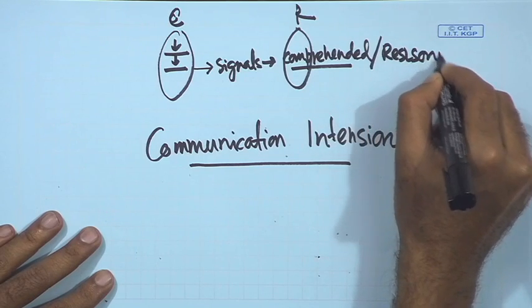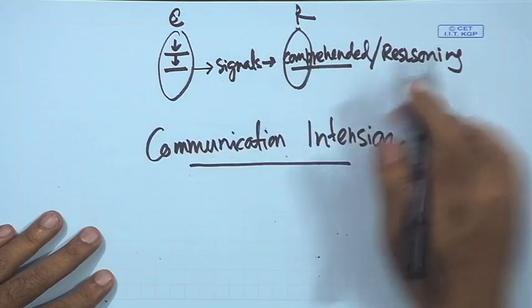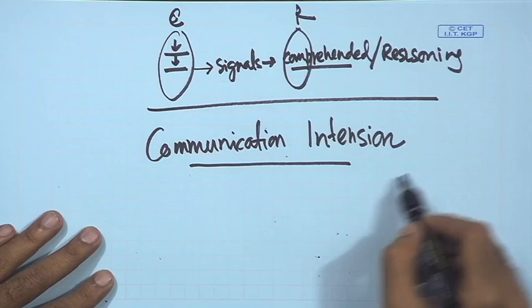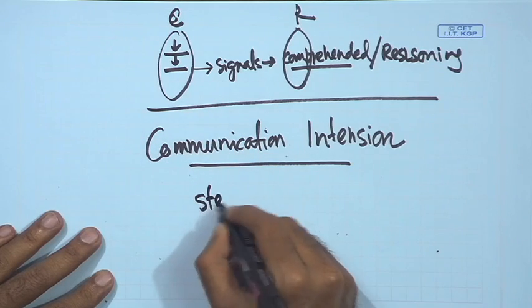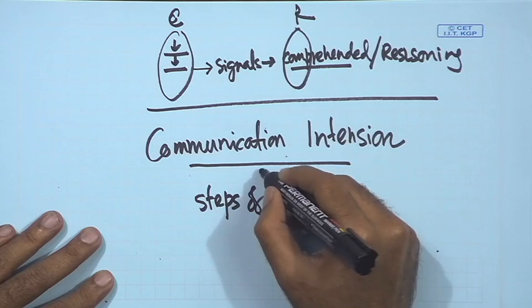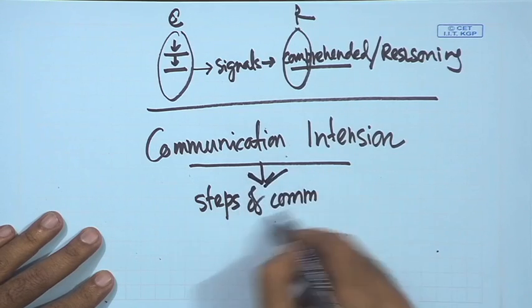Reasoning is applied at the receiver's end. That we have discussed in our last class. But what we relate today is various steps of communication. Steps of communication are actually a substrata of communicational intention.